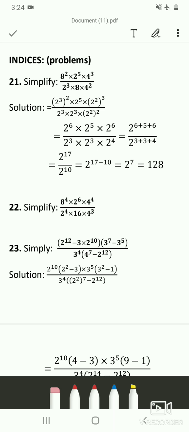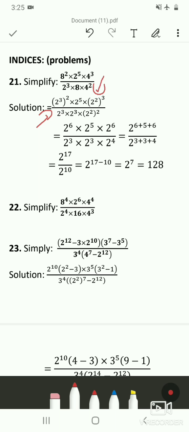The first step is we are writing 8 as 2 cube. You know that 2 into 2 into 2 is nothing but 8. So we are writing it as (2 cube) whole raised to 2, that is 8 square, and into 2 raised to 5 as it is, and you know that 2 square is 4.